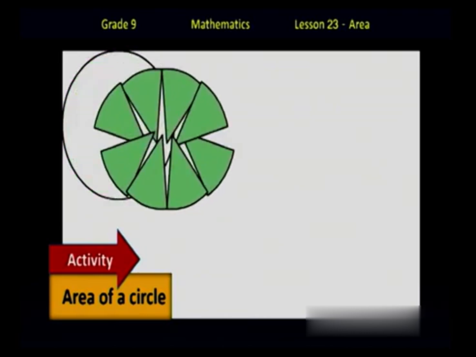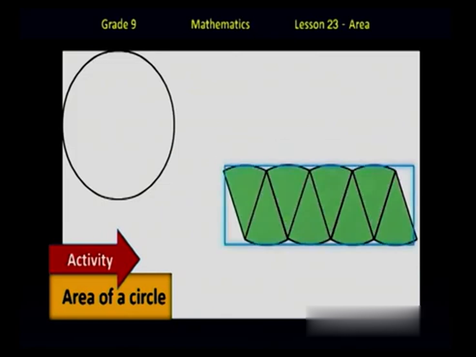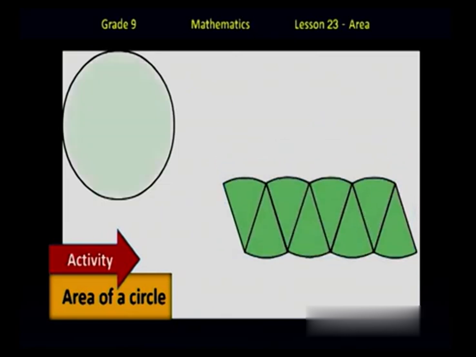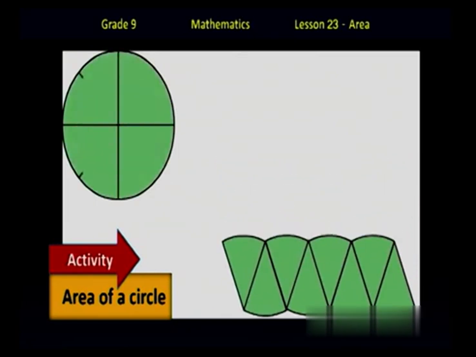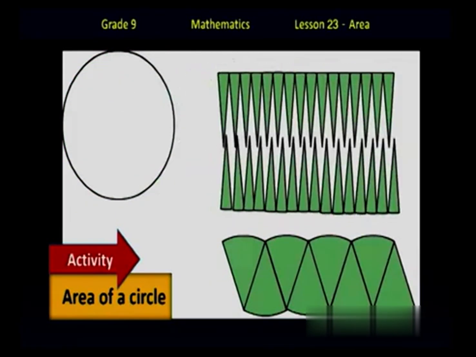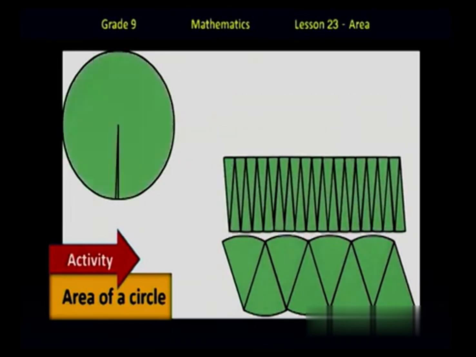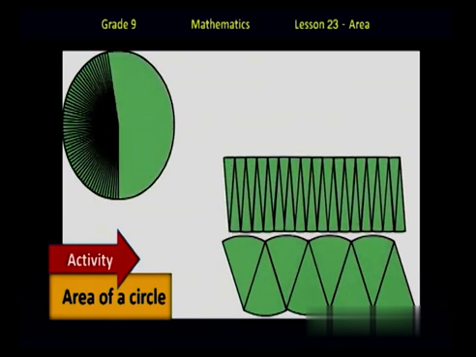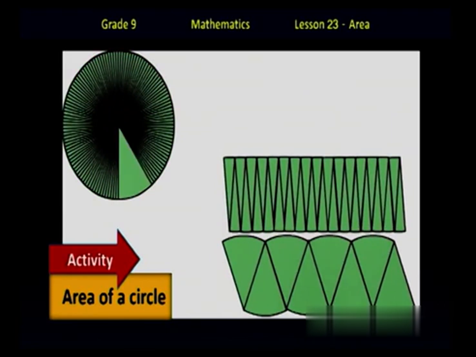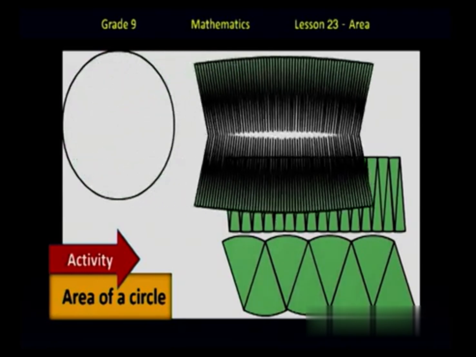The circle is divided into 8 parts and joining them, there is another diagram. Now the circle is divided into 32 sectors. Using all the parts in the same way, another figure is formed. Now the circle is divided into small tiny sectors.